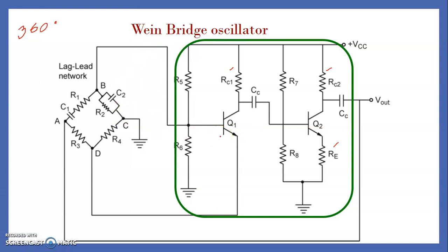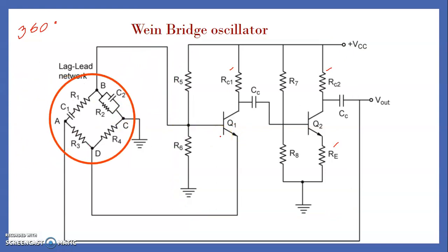Now let us get into the feedback network. The highlighted part is the feedback network. Look at the nodes A, B, C and D. Here we have a series combination of resistors R1 and C1, and here the parallel combination of R2 and C2.